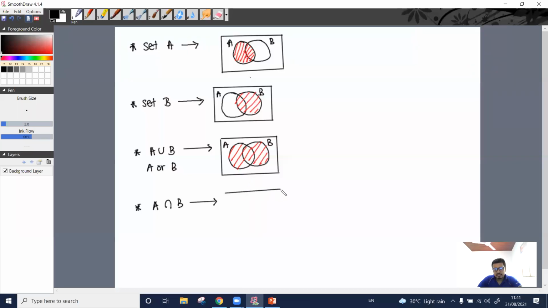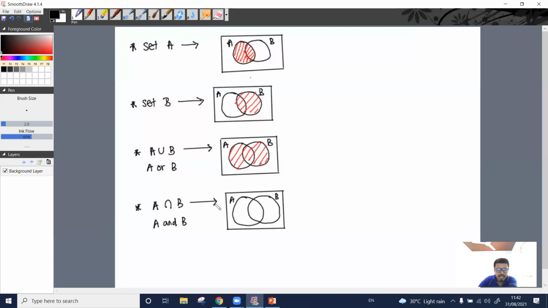A intersection B. What is that? In words, how can we say this? A intersection B, if we say it another way, area belongs to what? This is A, this is B. A intersection B means the area belongs to A and B. Right?